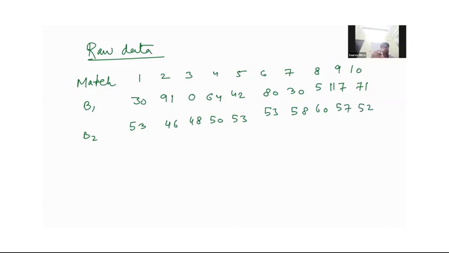So these are the runs scored by these batsmen. Now the mean and median, this is the final central tendency value. By seeing that, can we predict our complete data? It is 53 for batsman 1, and for batsman 2 it is again 53.